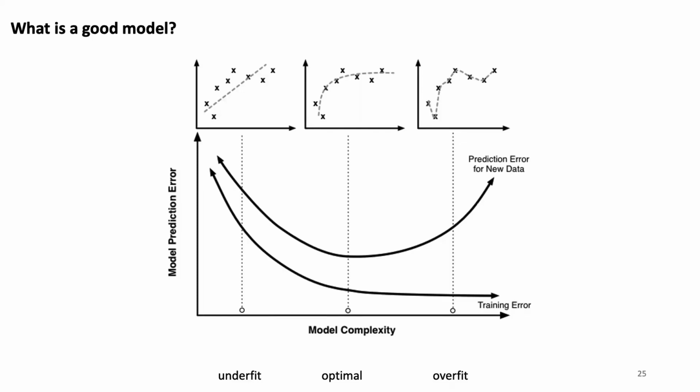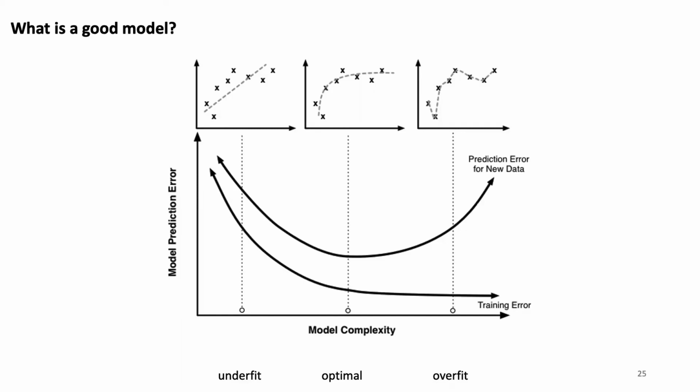So the figure here illustrates the relationship between the training error and the prediction error for new data. In the middle, this is the optimal of a model. And on the top, you can see the scatter plots. It illustrates the sample data with prediction lines corresponding to different levels of model complexity.